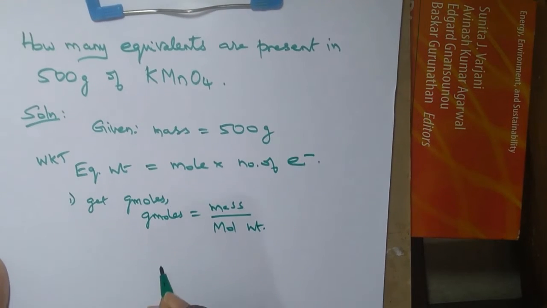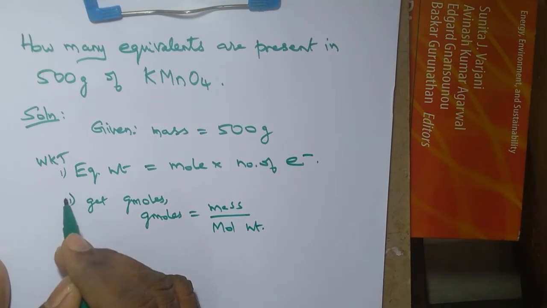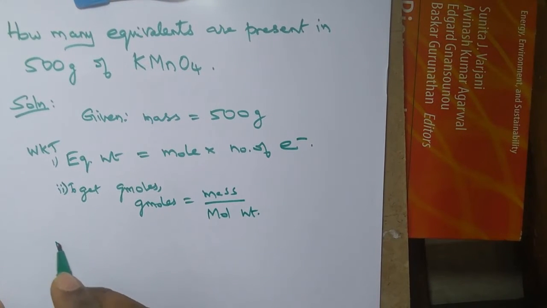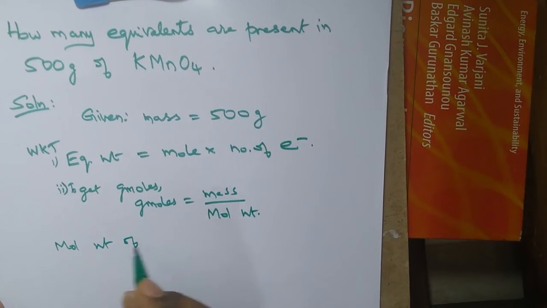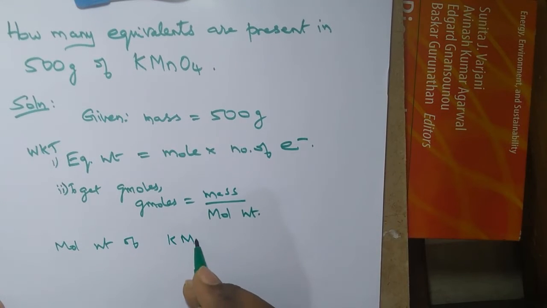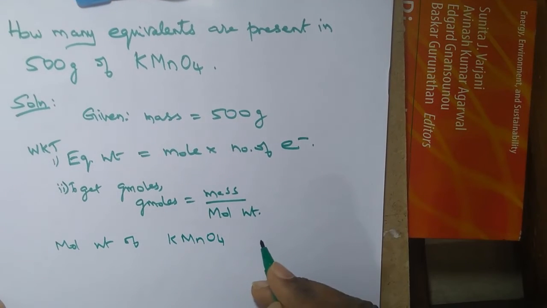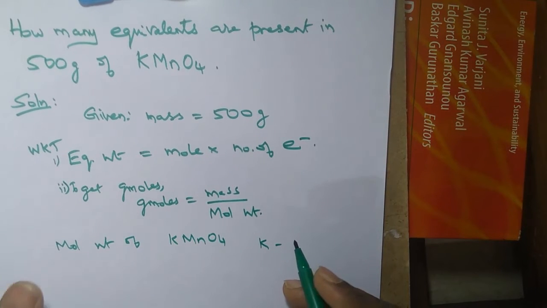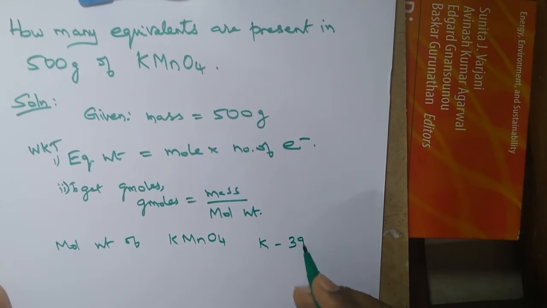We have already determined the potassium permanganate molecular weight, but we can do it again, no issues. Molecular weight of KMnO4: for potassium it is 39, for manganese it is 54.93, for oxygen it is 16.